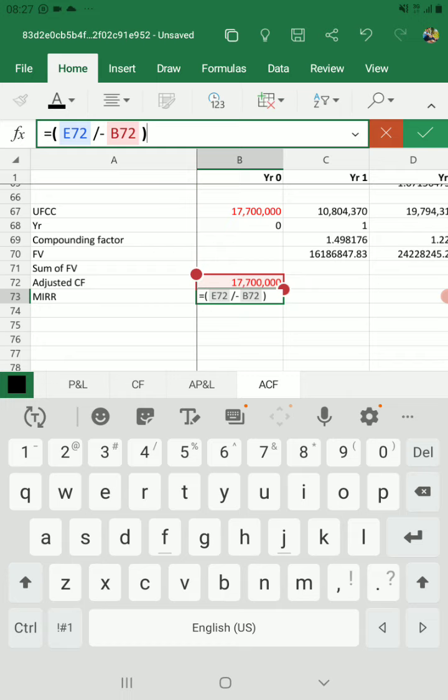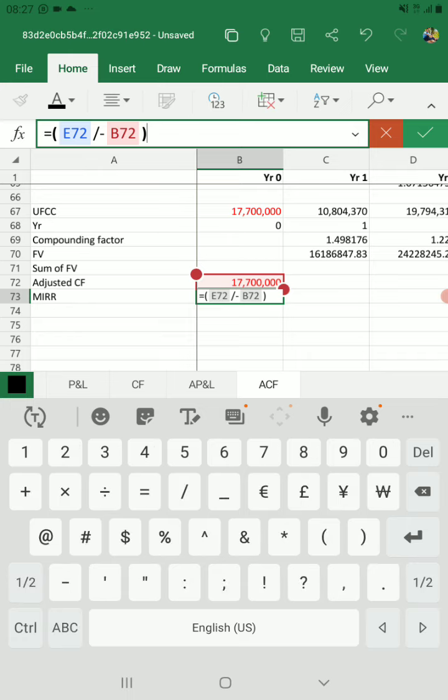So for a root in Excel, what we can do is to use this compounding. First let me open the bracket, okay, and then let me put the compounding sign there, and then open the bracket, then take 1 divided by n, okay, and n in this case is 3, and then close the brackets.